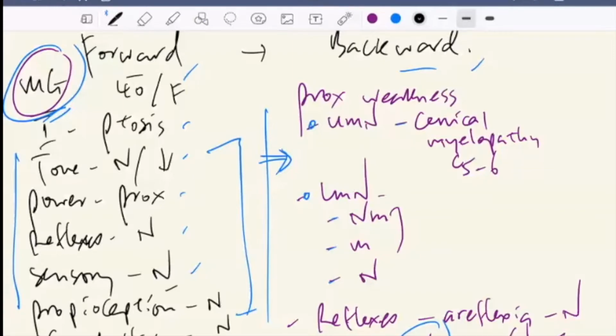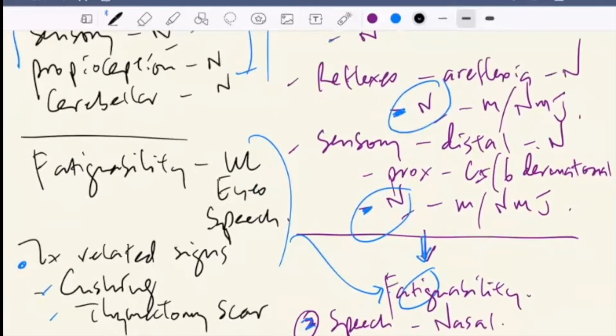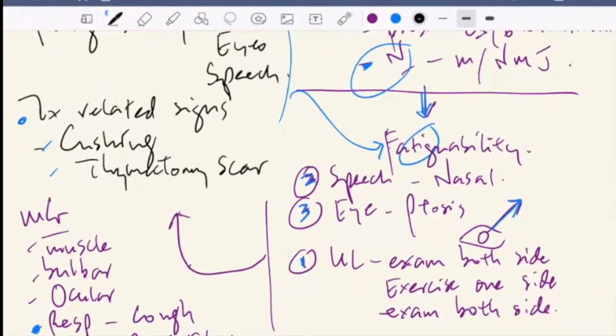Further assessment shows that the patient appears cushingoid, possibly related to steroid treatment, and there was a thymectomy scar noted. So the diagnosis of this patient is myasthenia gravis, and she was treated with steroid and previous thymectomy, and currently has proximal weakness and fatigability.